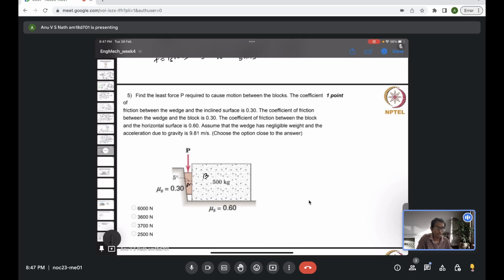So you have to consider all the reaction forces between them, and draw two separate free body diagrams for A and B, with the reaction forces and also friction forces.